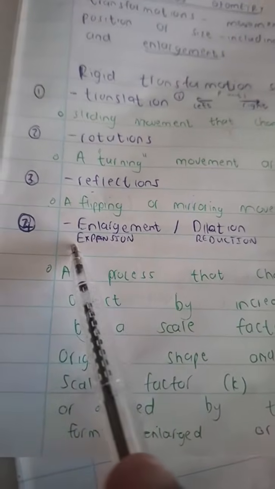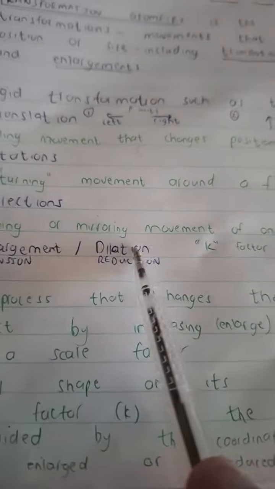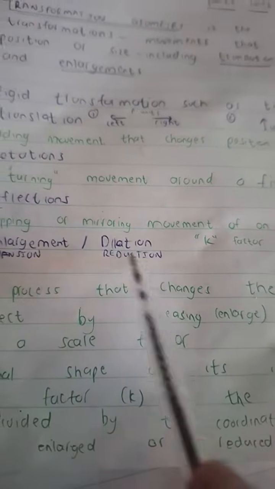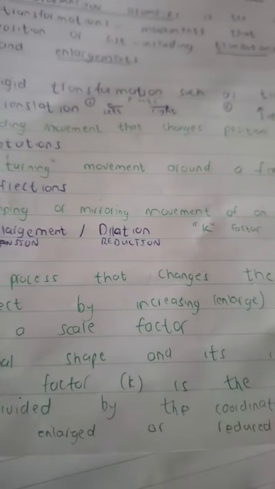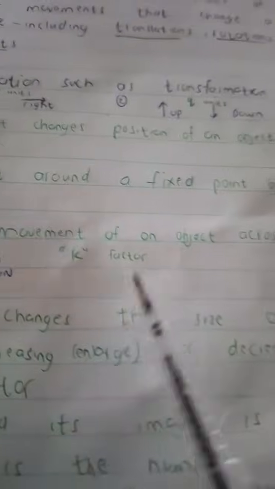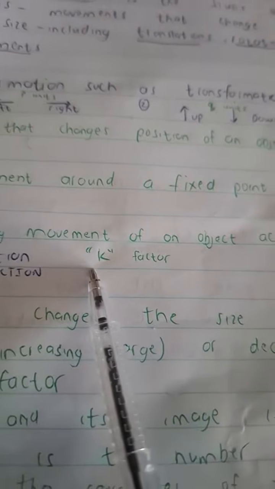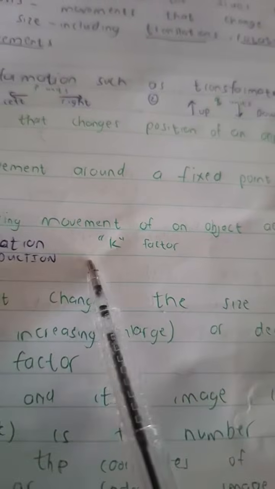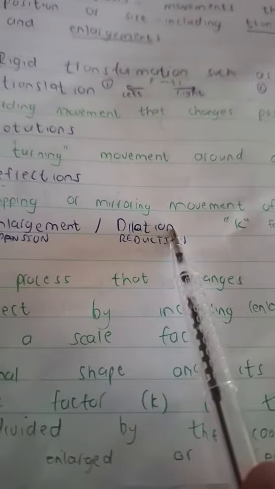Then lastly, we look at enlargement. What is enlargement? Enlargement is when we expand a particular object or when we reduce or dilate a particular object or shape. And we usually talk about a particular scale factor or K factor by which that particular object is either enlarged or reduced. So what is enlargement? It is a process that changes the size.